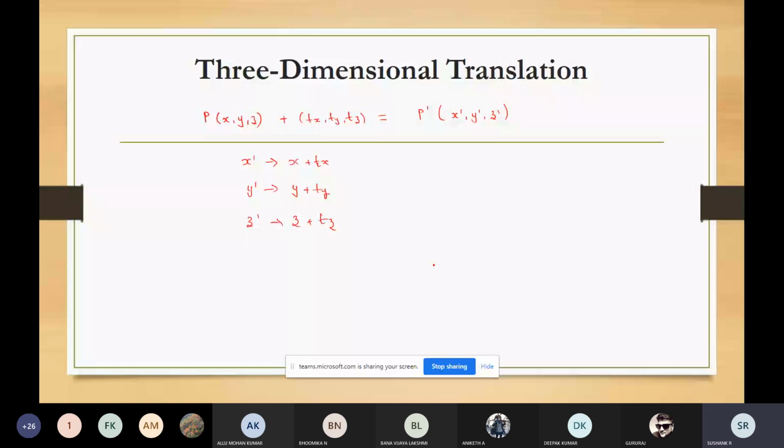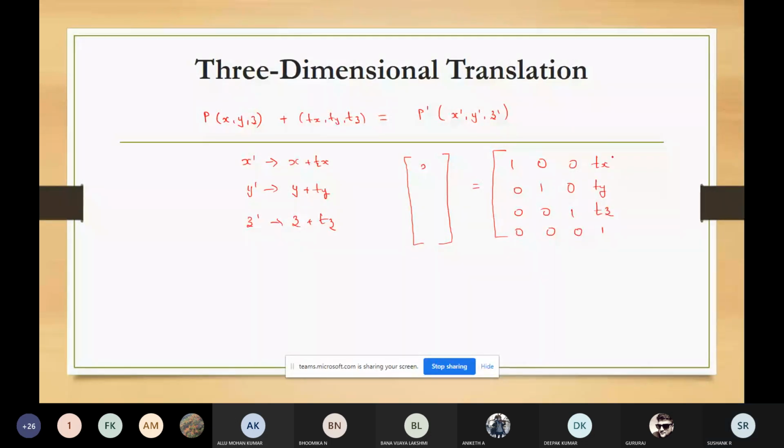If I want to represent it in terms of a matrix, the matrix is represented as a 4 cross 4 identity matrix with 1s on the diagonal and 0s elsewhere, with tx, ty, tz as the components along the x-axis, y-axis, z-axis.